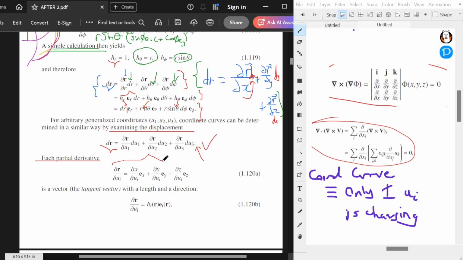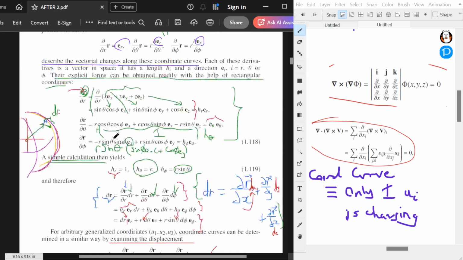So all this is just from one guy. So del r del ui equals del x del ui ex, plus del y and so on. Each partial derivative is a vector.